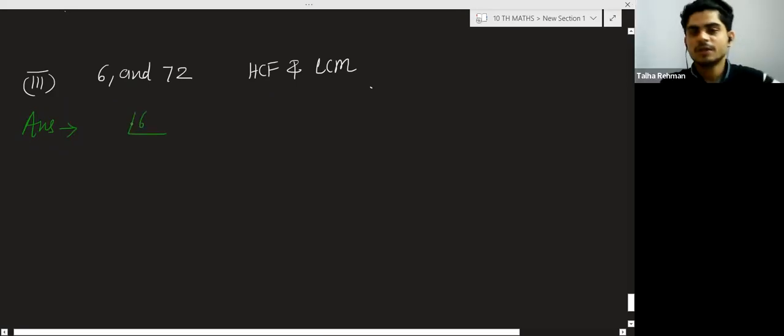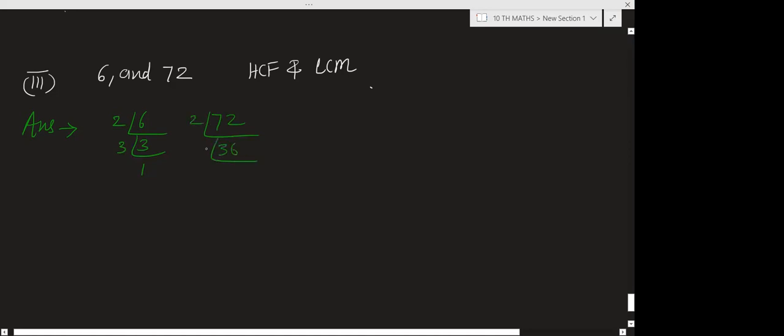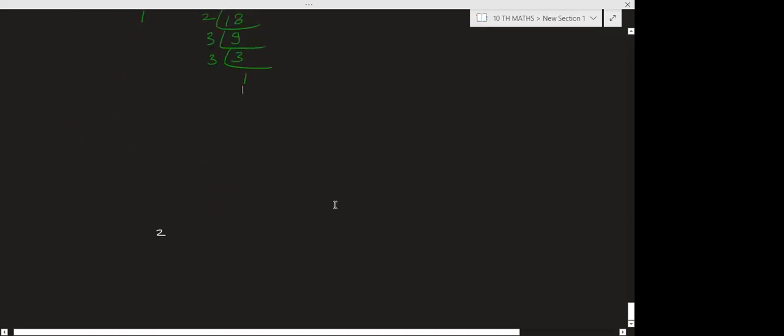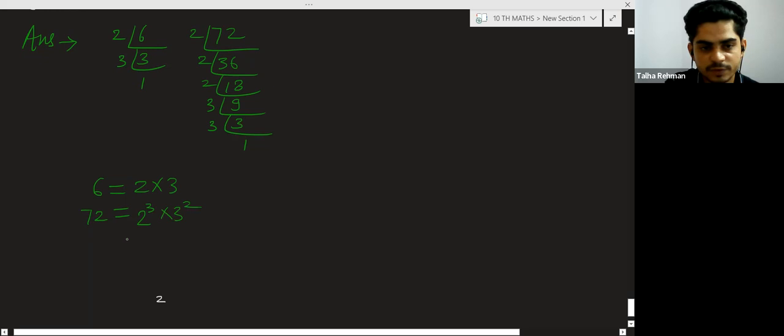If you want to use the formula, then first you should find the HCF, because finding HCF is easy. 6 equals 2 into 3, and I can write 72 equals 2 to the power 3 into 3 to the power 2.